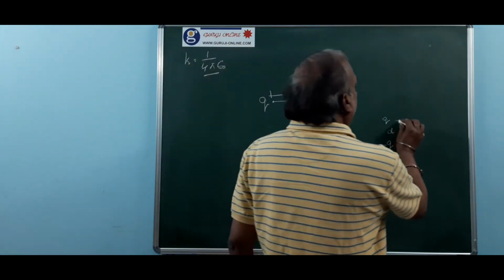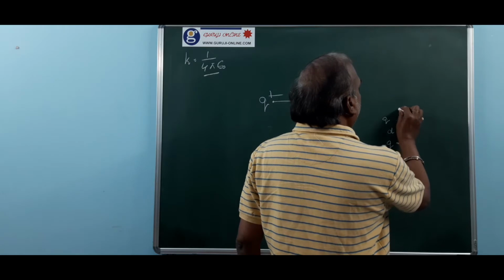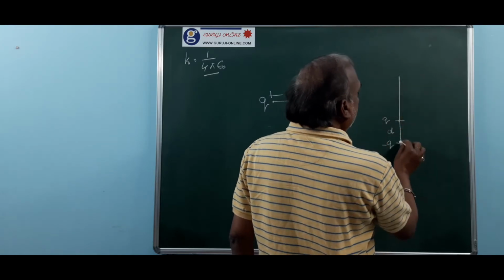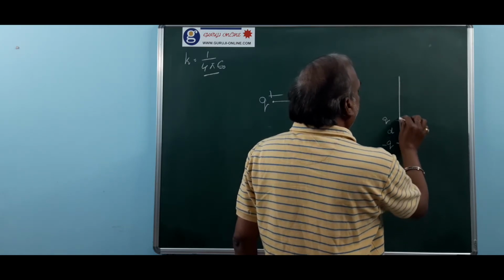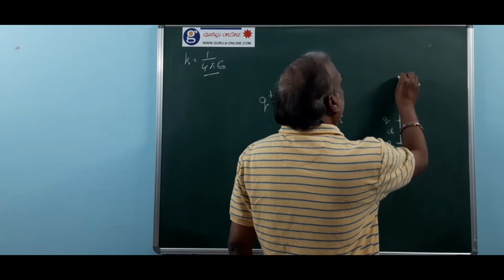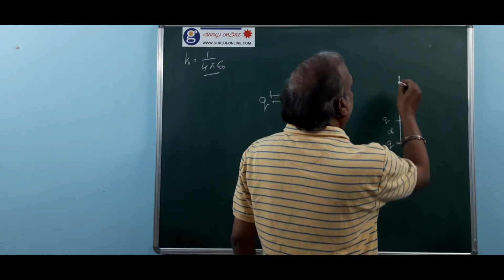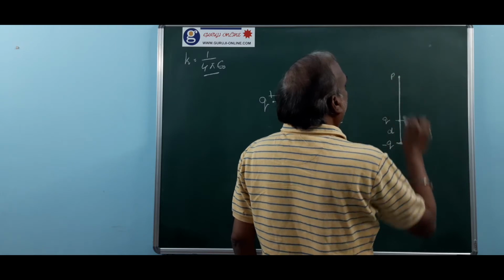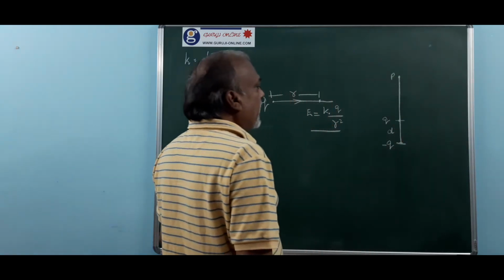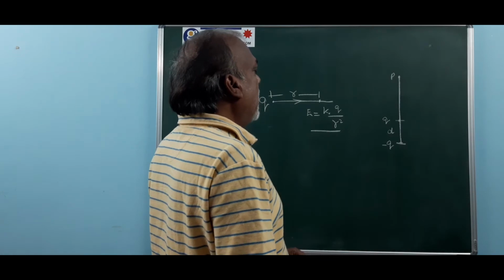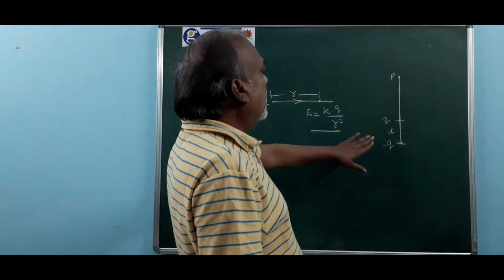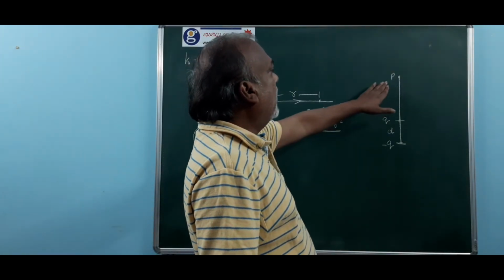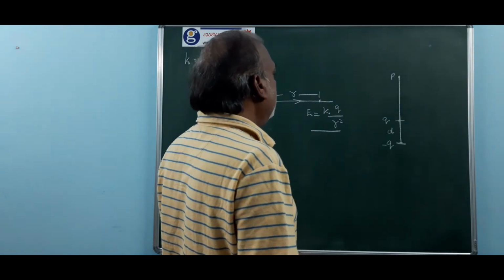Now we want to find out the electric field at this axis, same axis, at point P. So let us see how we can find out the electric field due to this dipole at point P.